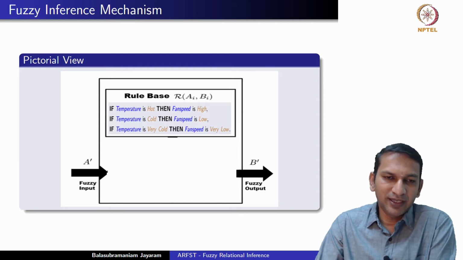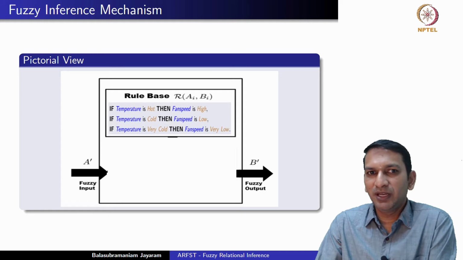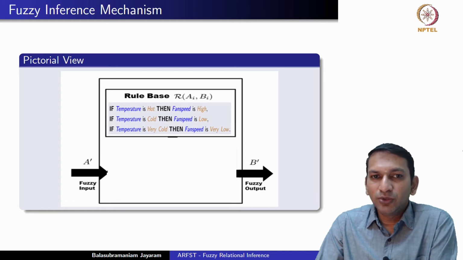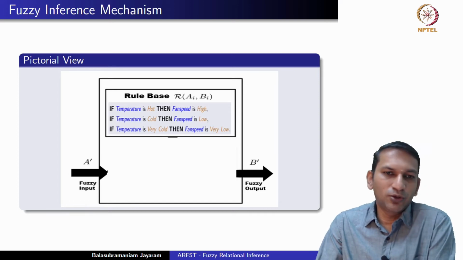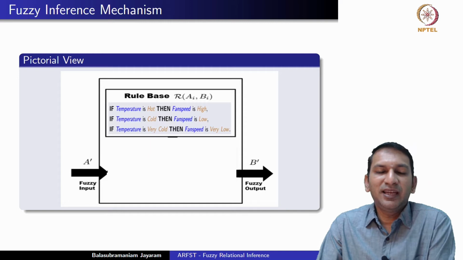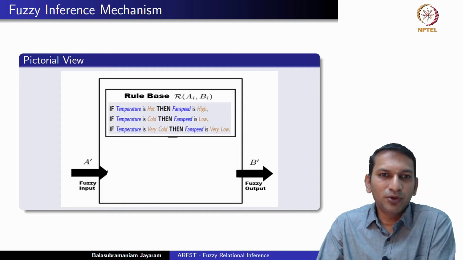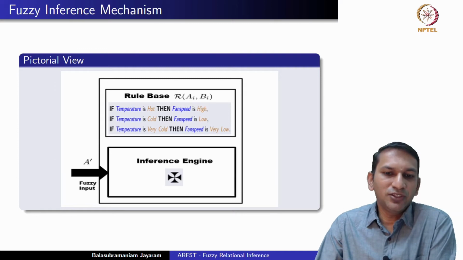The problem at hand is A' and you want a solution which is B', and you know that by making use of this resource, the knowledge contained in the book, you can get an appropriate output. But we need intelligence, we need something more to be able to make use of this knowledge, and that's the inference engine.